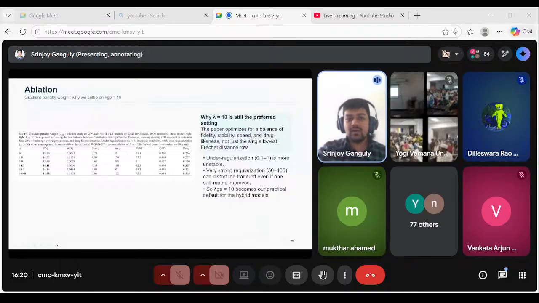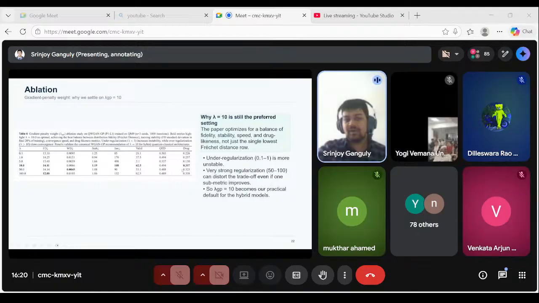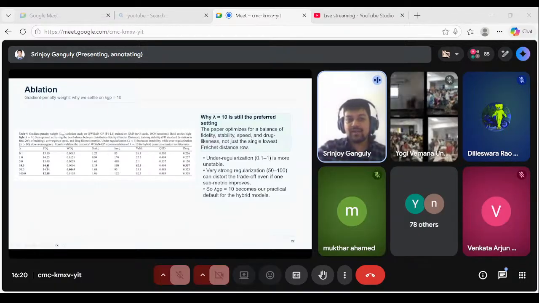But if you see, for gradient penalty 10, we also tried between 50 and 100. It's not like everything improves. At 50, only one improved, which is the Wasserstein distance, but the others are not really improving. And again, same for 100. But at 10, we can see multiple of them actually improve.